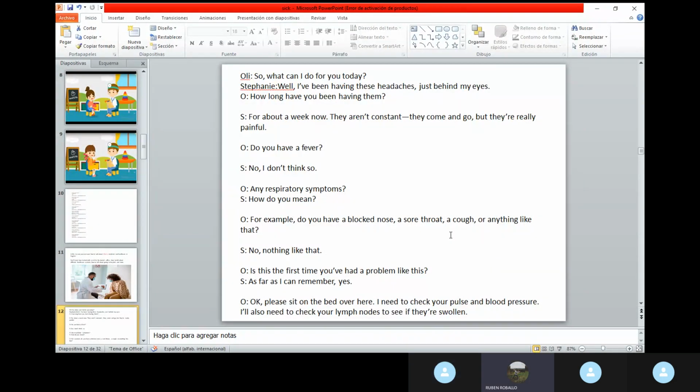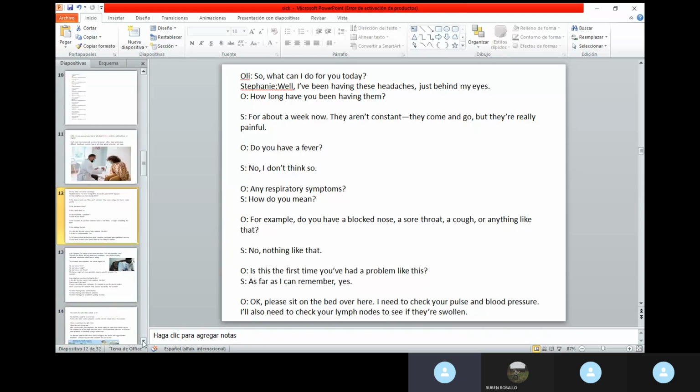No, nothing like that. Is this the first time you have had a problem like this? As far as I can remember, yes. Okay, please sit on the bed over here. I need to check your pulse and blood pressure. I'll also need to check your lymph nodes to see if they're swollen.